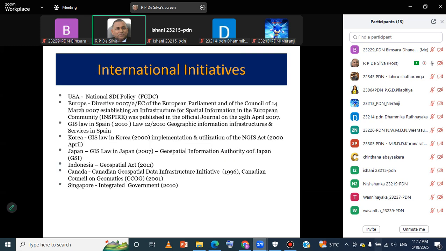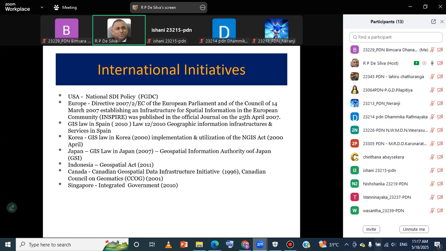And if you look at the international initiatives which we discuss individually in this course, USA National SDI Policy, the Federal Geographic Data Committee produced that, we can learn from that. Europe, Directive 2007/2/EC of the European Parliament and of the Council of 14 March 2007 establishing an infrastructure for spatial information in the European Community.